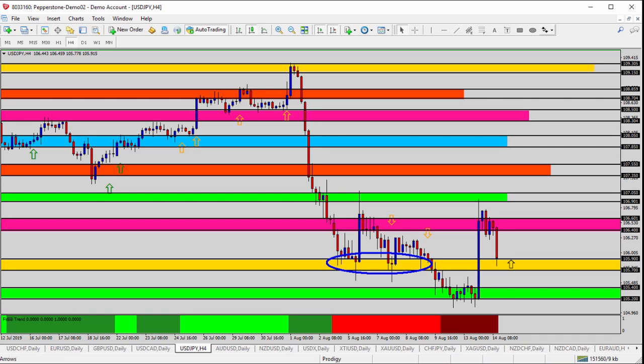Probably the only real reason to go short would be that it finally was able to get back under that yellow zone 105.70. Then you could maybe take it down here to the green zone as the next area of support. So selling probably not on the table for the day today. On the table may be buying as it sits on top of here as support, like you see back here on the left. We may have an opportunity to buy it.